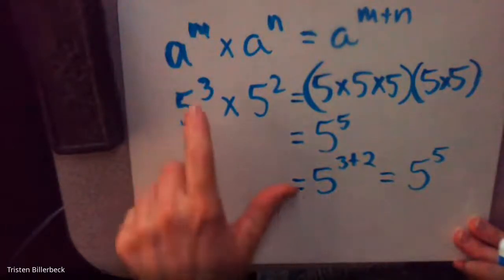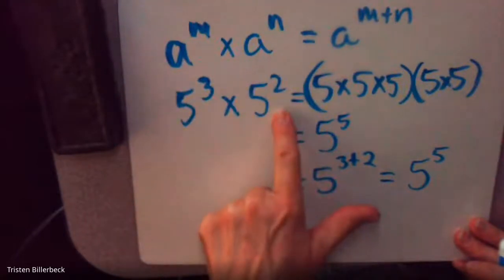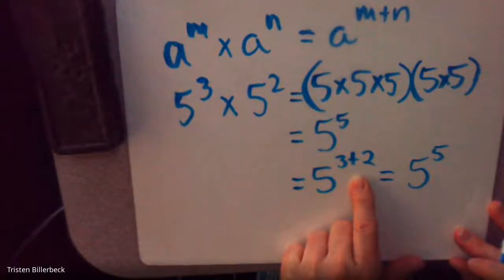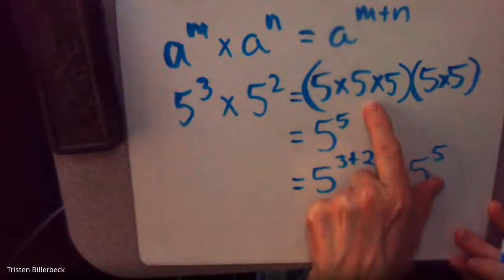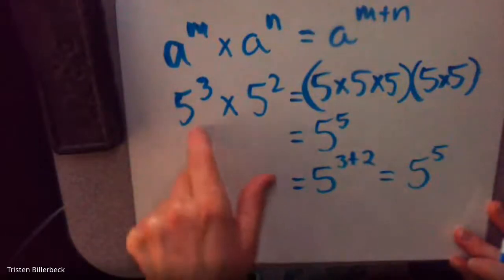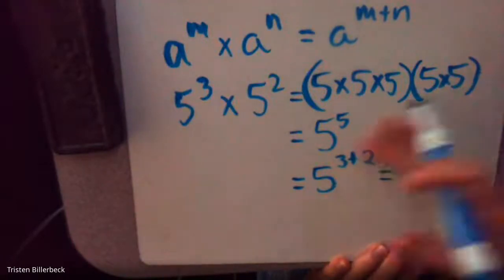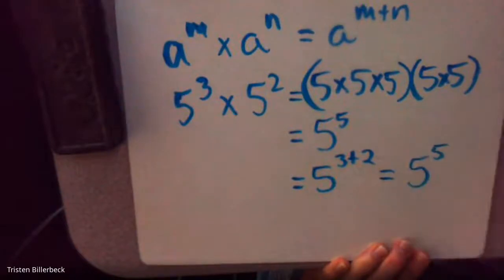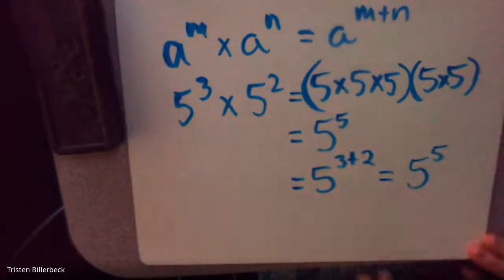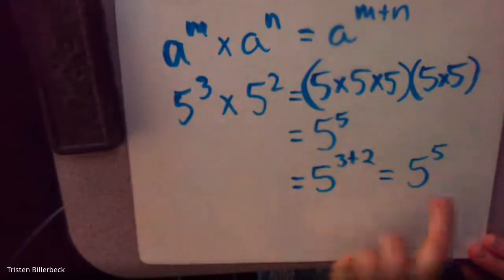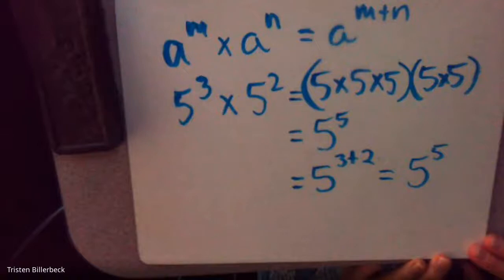When it gets to be very large numbers, it's incredibly helpful to know this. It'd be really hard to write out 5 to the 20th times 5 to the 115 and then add up how many 5s there were. If we just add up these exponents, we save ourselves some time.